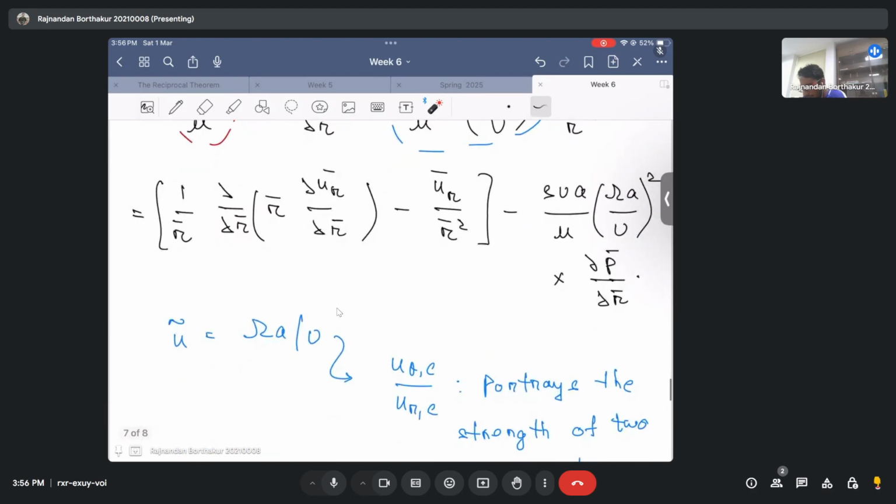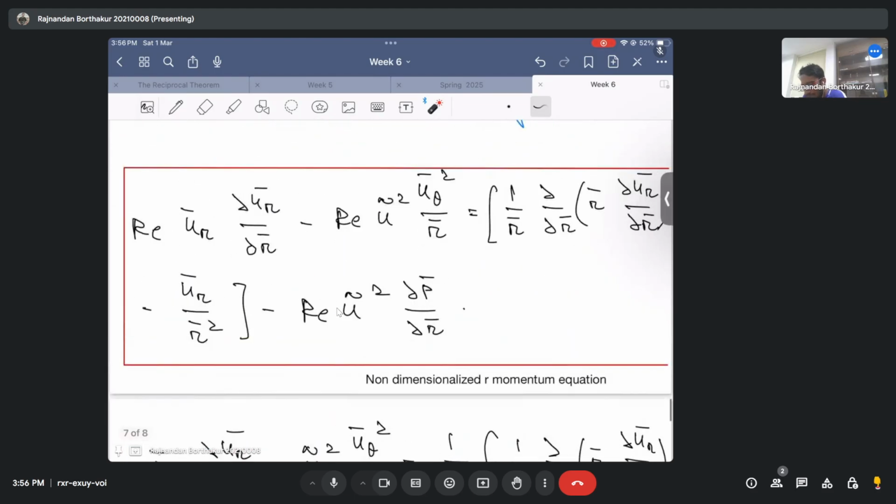And then we saw that the non-dimensional R momentum equation can be written in terms of the non-dimensional variables and some parameters which readily popped out of the analysis because of the choice of scales that we are using in this problem.